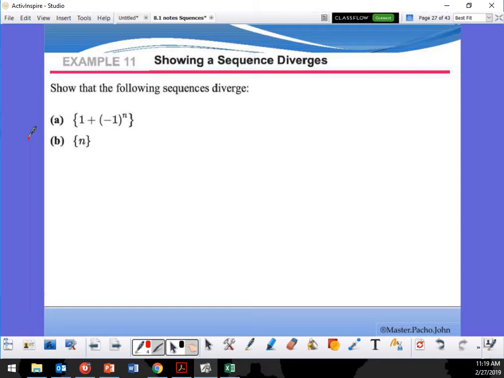All right, show the following sequences diverge. Now let's pretend I'm going to remember what I did yesterday. So I would do the what of what? The limit. Thank you. So it's going to be the limit as x approaches infinity of 1 plus negative 1 to the x power.